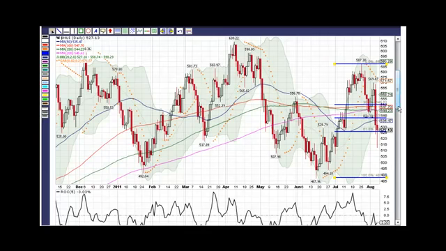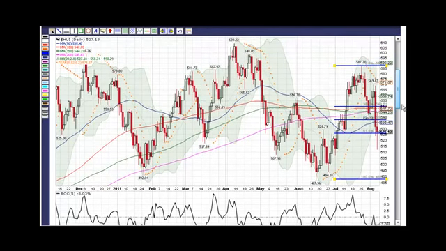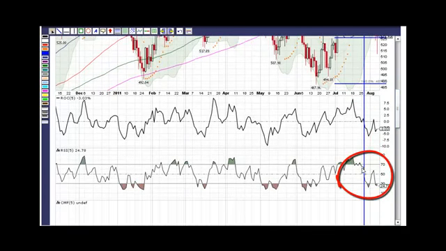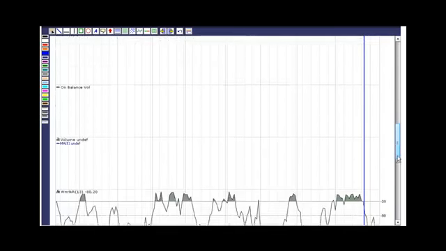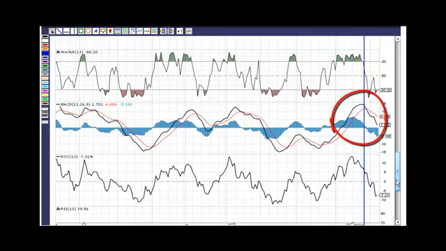So let's go look at something else here now. This is like my favorite indicator for telling me what's going to happen here. And that is my short-term rate of change. If I put that short-term rate of change where it just goes negative, look at how it picks off the time when it tanks. Picks off the relative strength, sell signal, picks off the Williams, picks off the MACD.